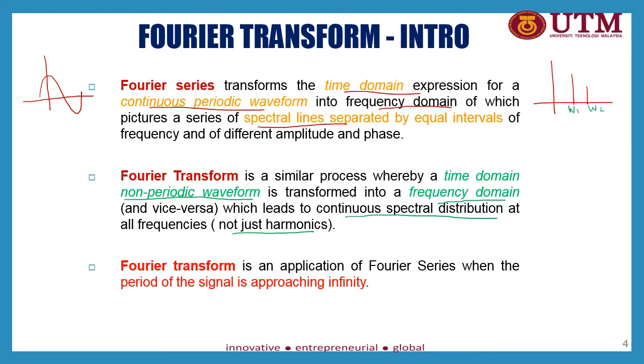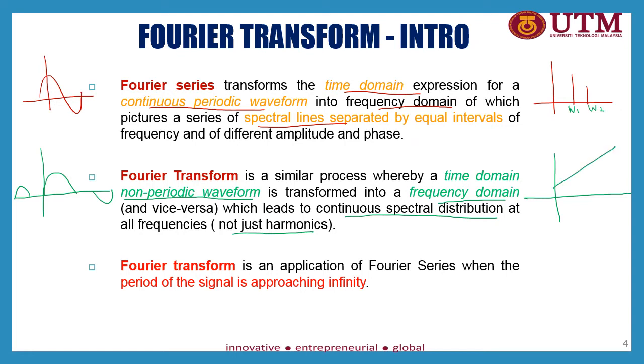Okay, but in Fourier transform, it will transform a non-periodic signal in time domain. For example, you have this and this and somewhere there. Okay, this is for example a non-periodic signal, and the spectrum you have will look something like this.